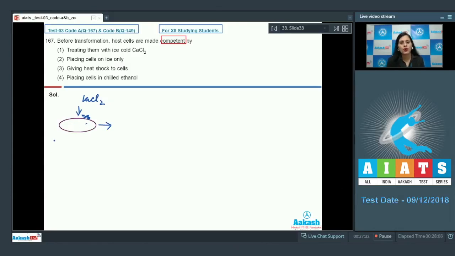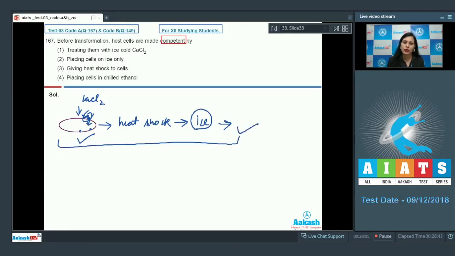This step is followed by the heat shock method, which will allow the formation of transient pores in the host cell, which facilitates the entry of the plasmid into the cell. This is followed by placing these heat shocked cells into ice, and then plating. So during transformation, these steps are followed.